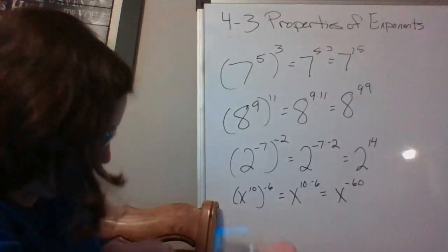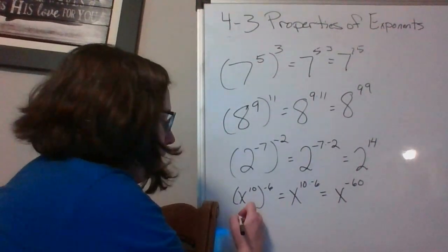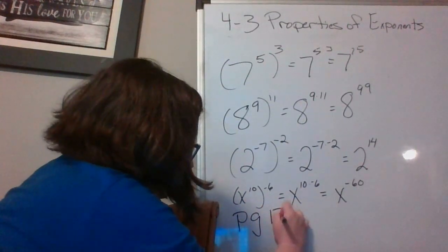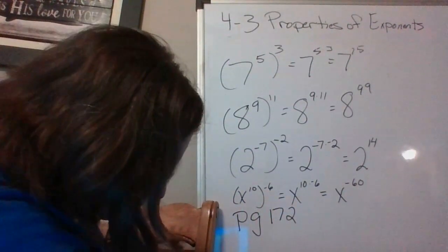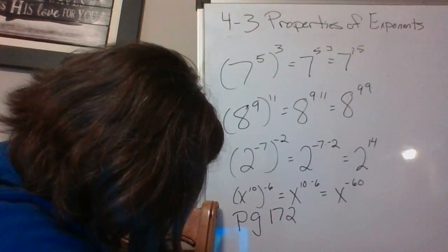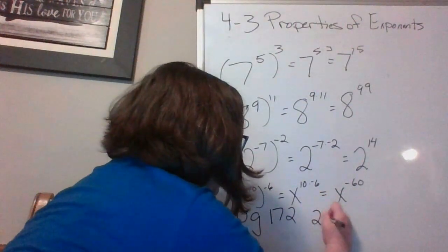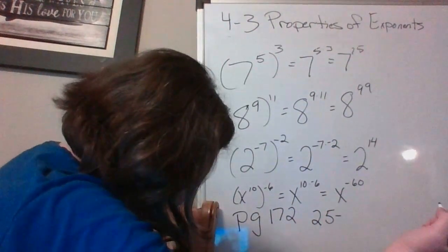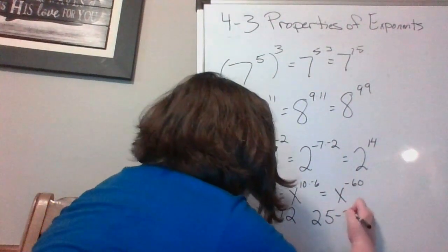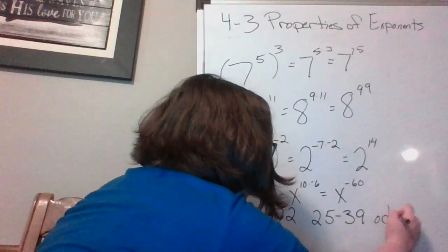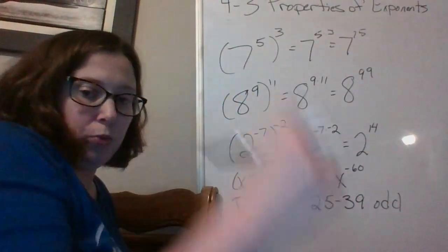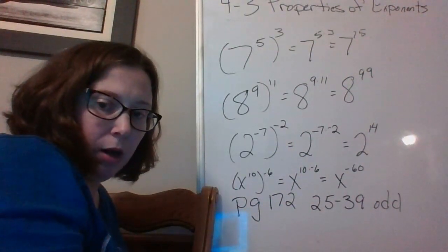What I would like you to do is page 172, and I want you to do numbers 25 to 39 odd. So page 172, 25 to 39 odd.